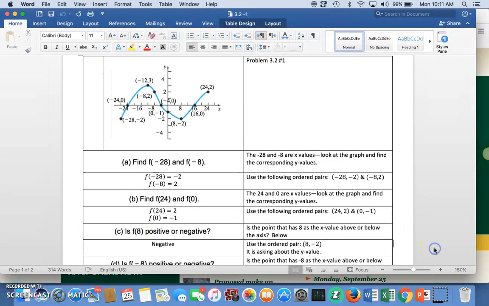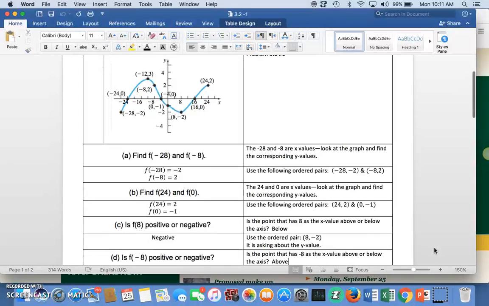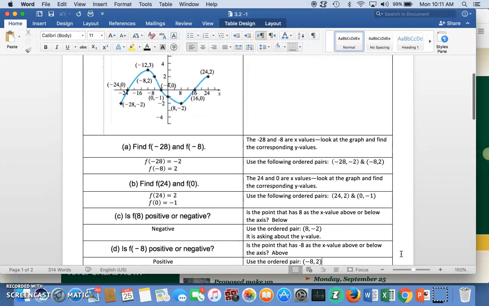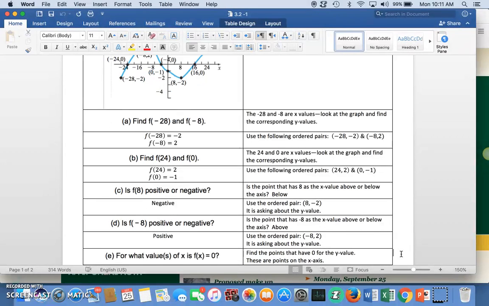Then the next one is f of negative 8, and you want to know whether it's positive or negative. So we go to negative 8 and read up to the point. That's its coordinates for you. When x is negative 8, y is 2. So f of negative 8 is a positive value.